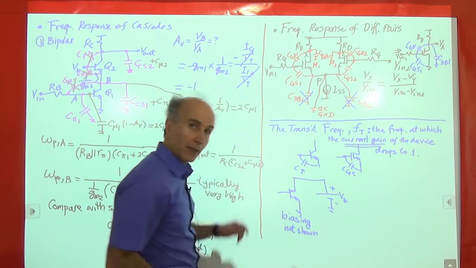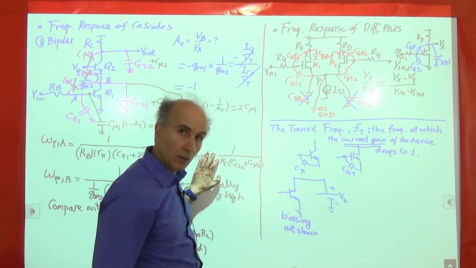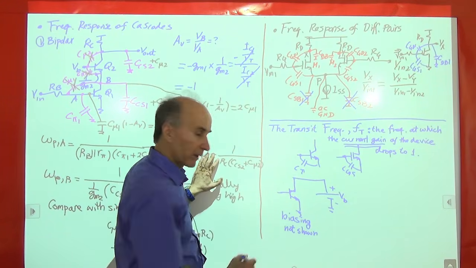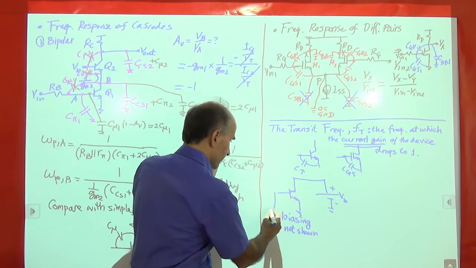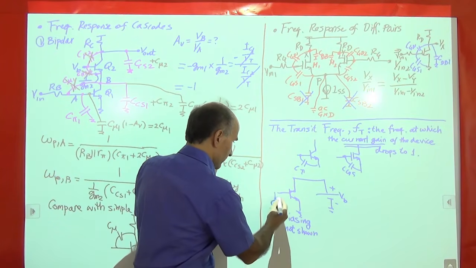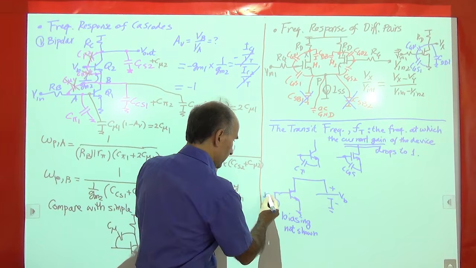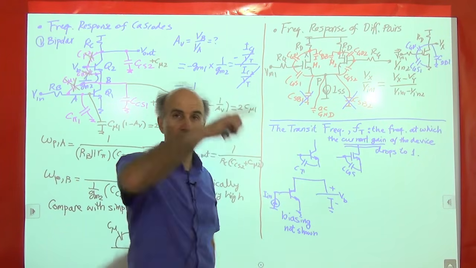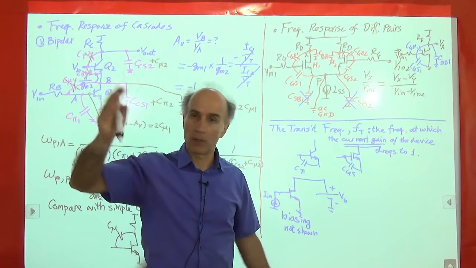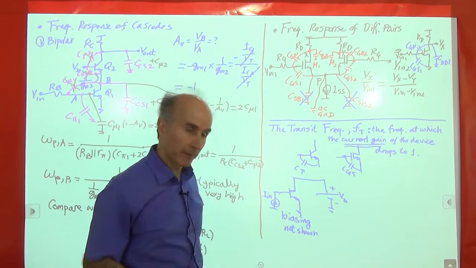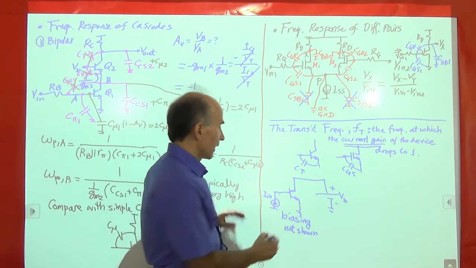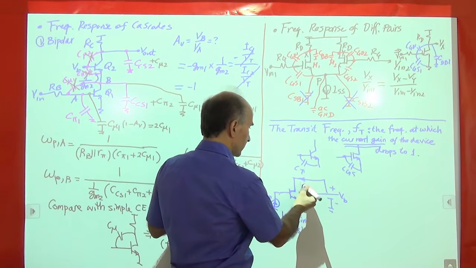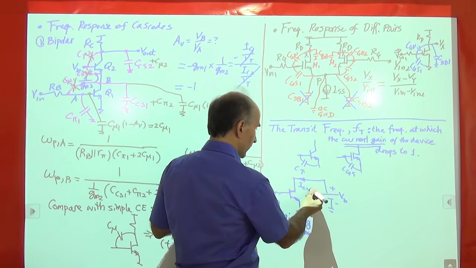And now I come along and I inject a sinusoidal small signal current into the base. And I call this I in. So I in might be a current that goes up and down by maybe 1 microamp, 2 microamps or something. And I am interested in this current here, the AC current, called I out.